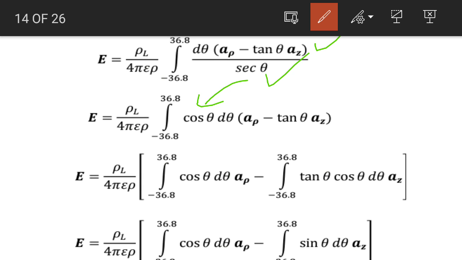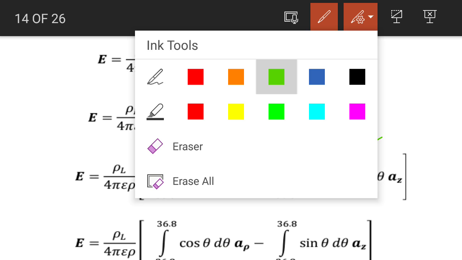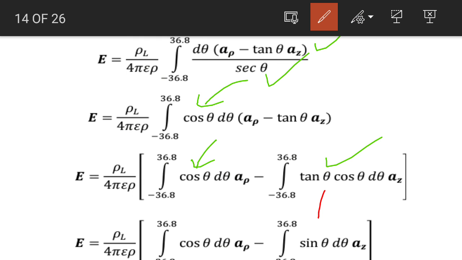So 1 over secant theta is cos theta d theta, and then we have arrow minus tangent theta az. So we shall integrate cos theta, and then over here we have tangent theta cos theta, and if you simplify, you see this particular term, which is the integration of sine theta. So we have the integration of cos theta, and then we have the integration of sine theta.